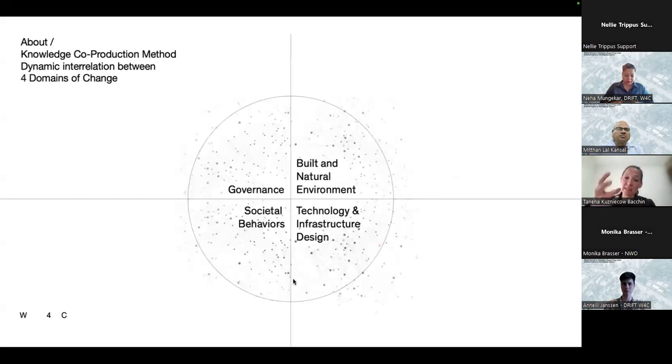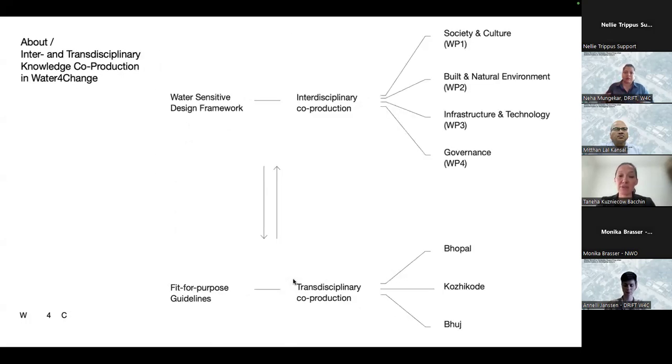So we work in this combination of 4 domains. As we synthesized in the choice of cities, archetypical cities from a climatic and physiographic point of view, we also synthesized the knowledge domains that we understood are key in the water question: governance, societal behavior, built and natural environment, technology, and infrastructural design.